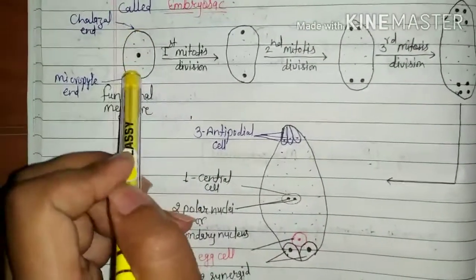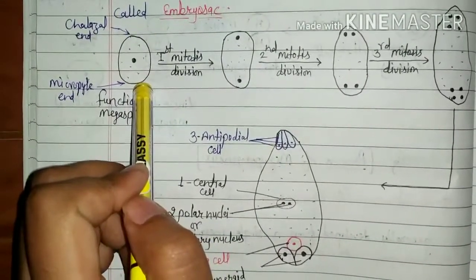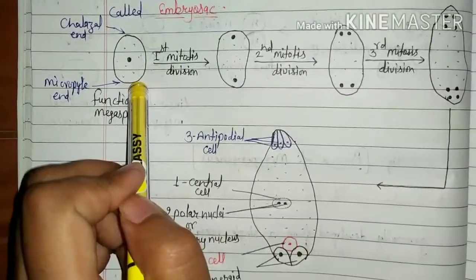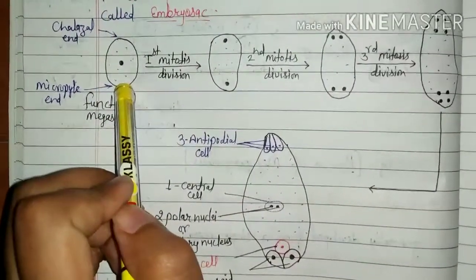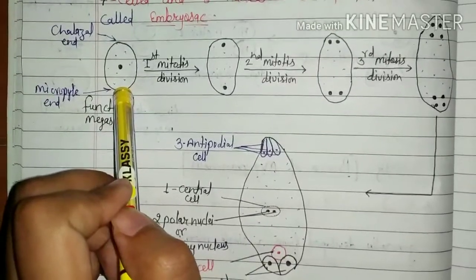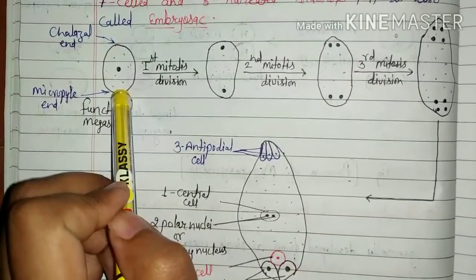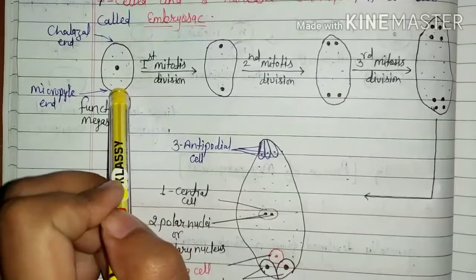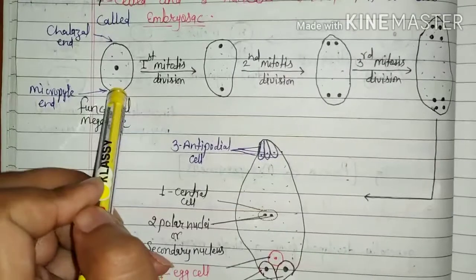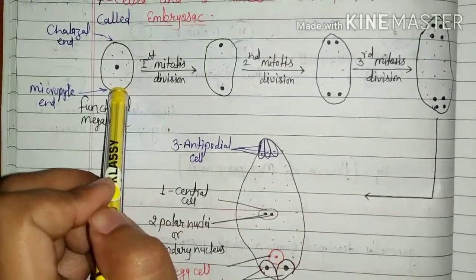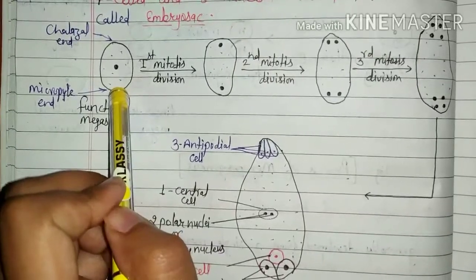The functional megaspore undergoes 3 free nuclear mitotic divisions. It means the functional megaspore divides 3 times by mitotic division and forms an 8-nucleate and 7-celled structure, which is called the embryo sac or female gametophyte.